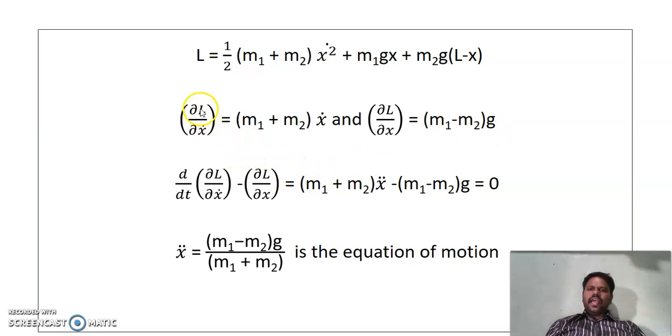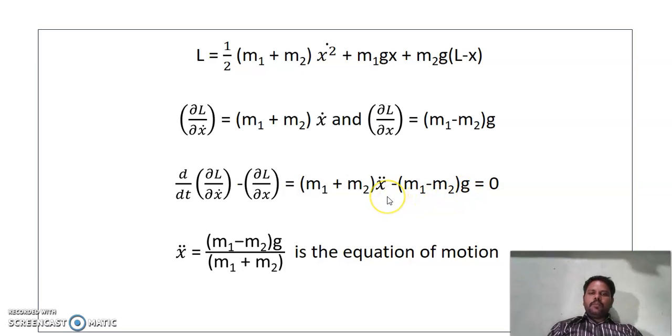Substituting dou L by dou x dot and dou L by dou x in the Lagrangian equation, and differentiating d by dt of dou L by dou x dot, it reduces to m1 plus m2 x double dot minus m1 minus m2 into g is equal to 0.